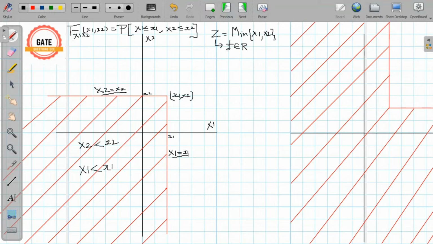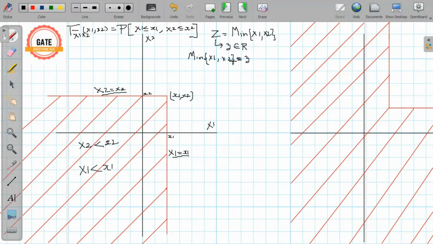Firstly, to find the CDF of capital Z, we need to understand this transformation. We need to identify what the points in the x1, x2 plane are for which the minimum among X1 and X2 is equal to small z.